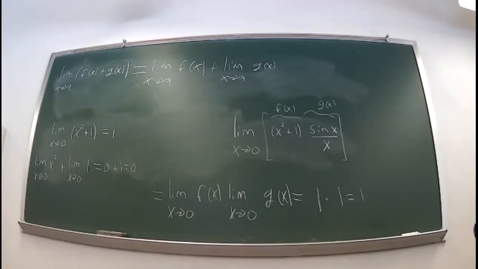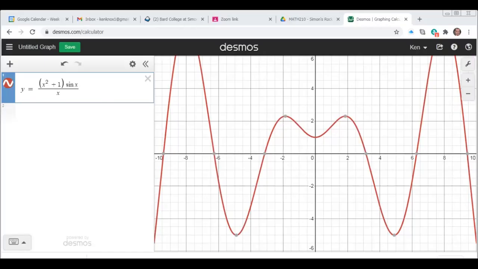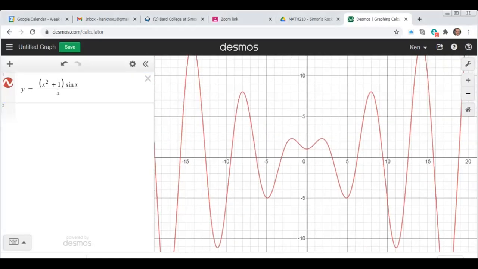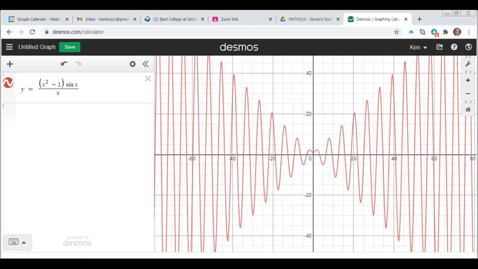And I'll even share with you the graph. So that was an investigation of the limit using the limit laws. You could also have just straight up investigated it graphically. I've drawn for you the graph of x squared plus 1 times sine x over x, and here's what it looks like.